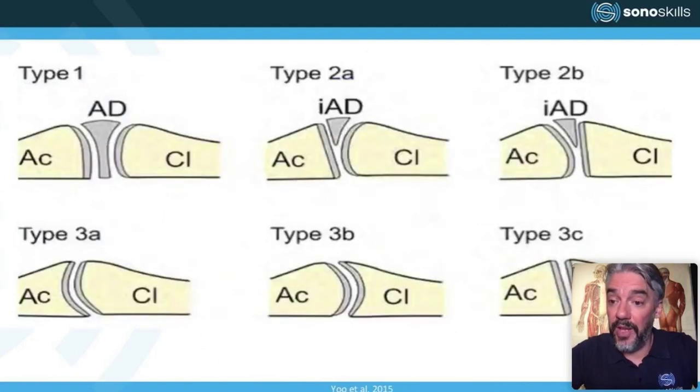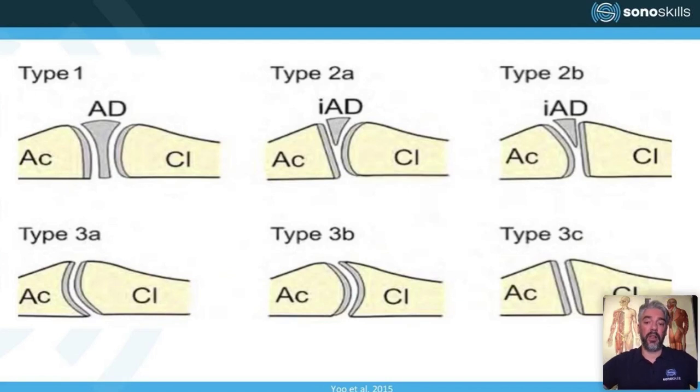And we have several types of AC joints, and this can lead to the fact that in some cases you cannot look into the subacromial space, but in some cases you can actually look deep into the subacromial space.